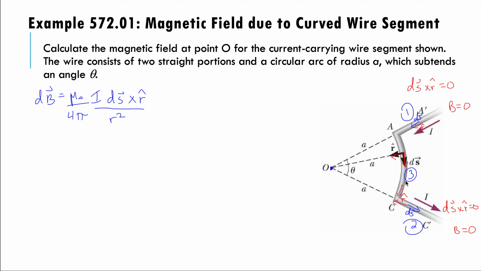So if we draw a ds over here, let me draw it in blue again, and then our r hat is going to point towards point O. What we notice is that no matter where we draw the ds, it will be perpendicular to r hat, because a vector pointing in the radial direction, towards the center, is always perpendicular to a vector that is tangent to that circle.